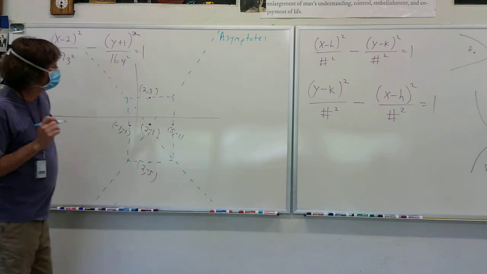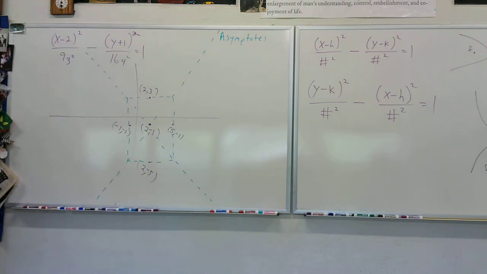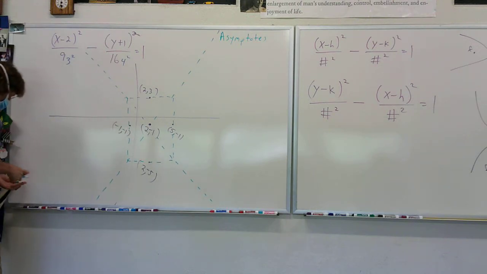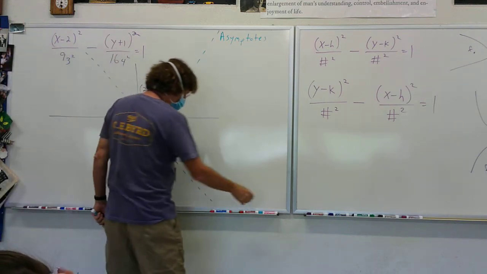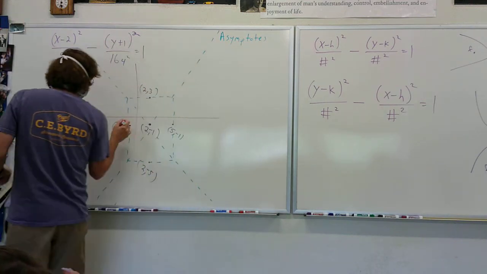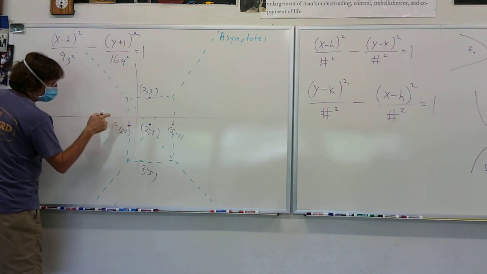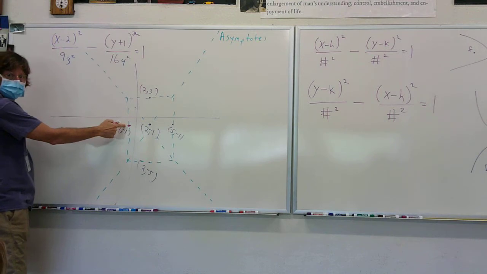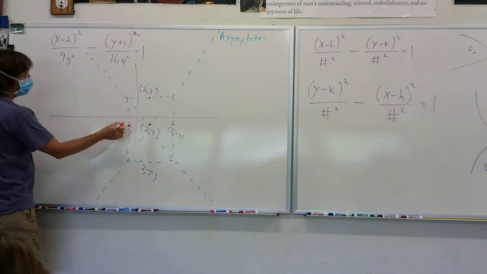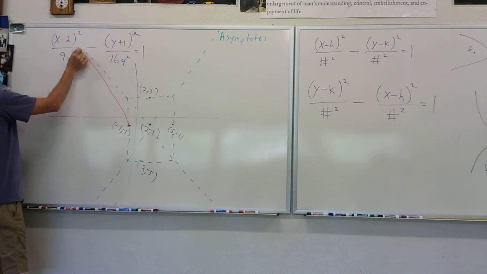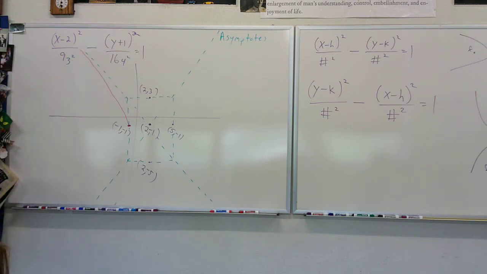Because when you draw the hyperbola, which you are now ready to draw, make sure you realize it does not go inside of the rectangle. That point is close, it goes to that point. But what it does is it curves off and it gets forever closer to that line.